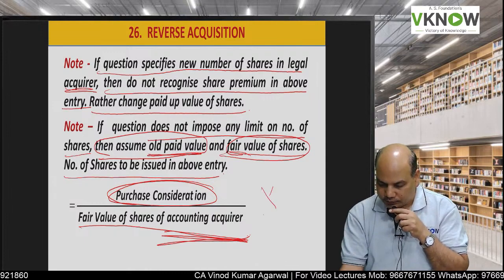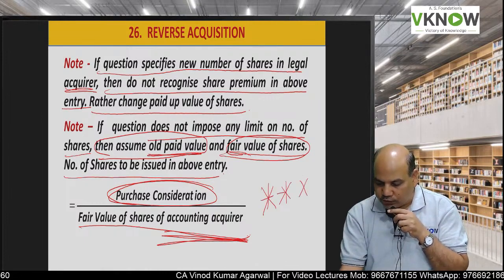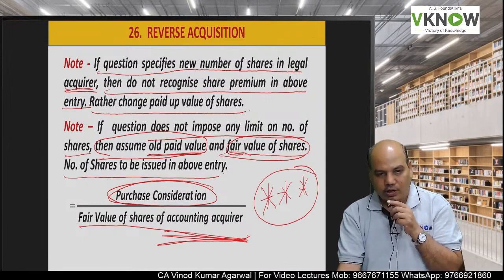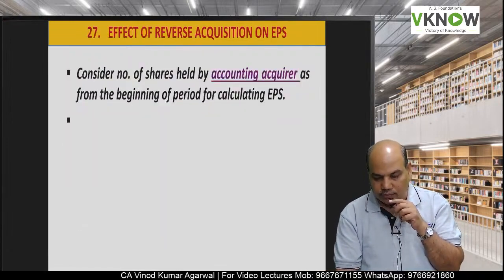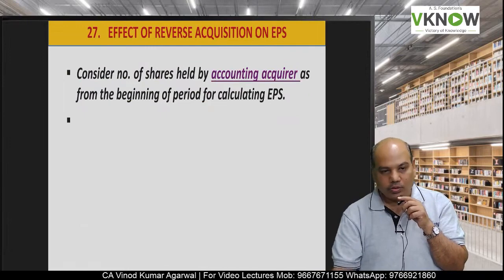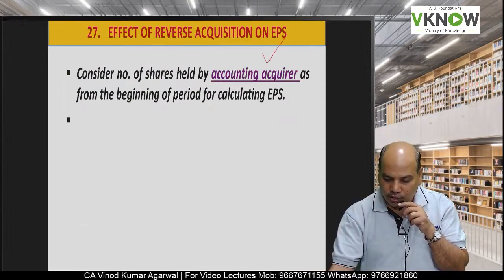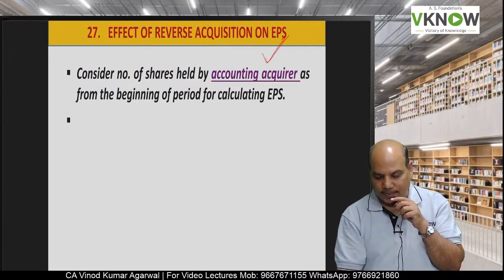Very important. In one or two exams, students who have appeared will remember this question was asked in a reverse acquisition. Now the last part is EPS in case of reverse acquisition.